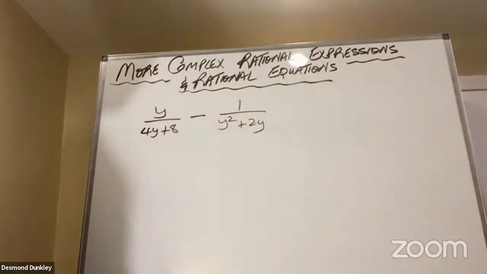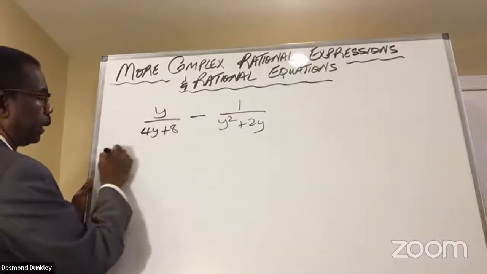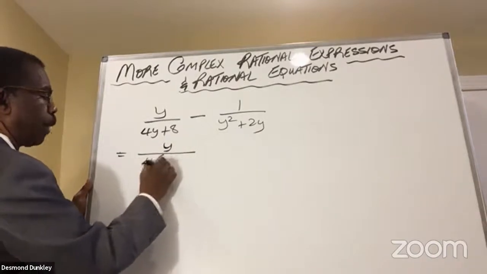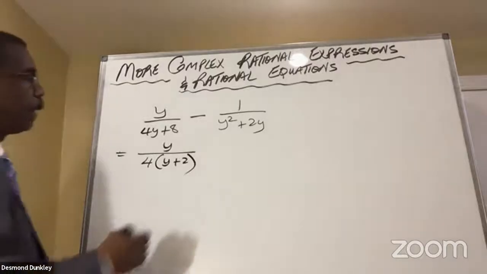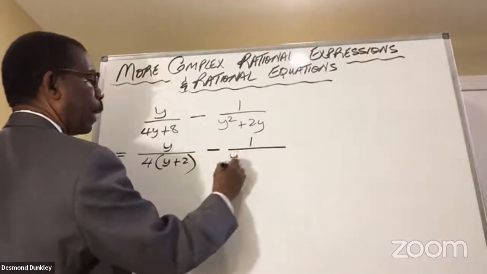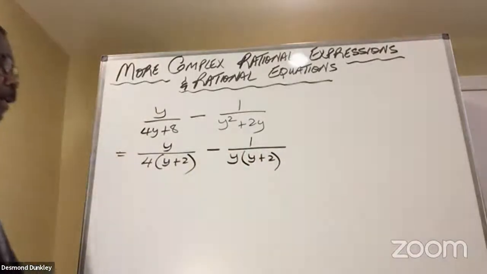Okay, what do we have? Well, let's factorize. So it's equal to y over 4 times y plus 2 minus 1 over y times y plus 2. Okay, so now we're ready.